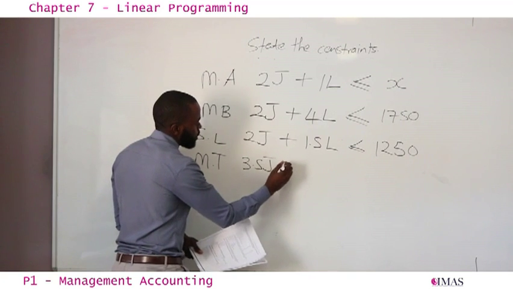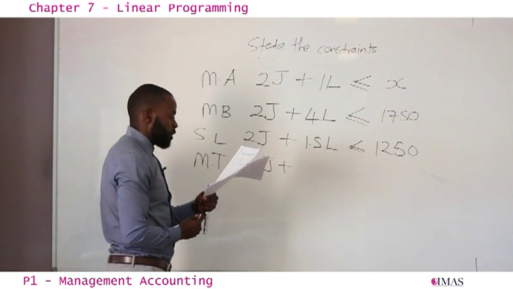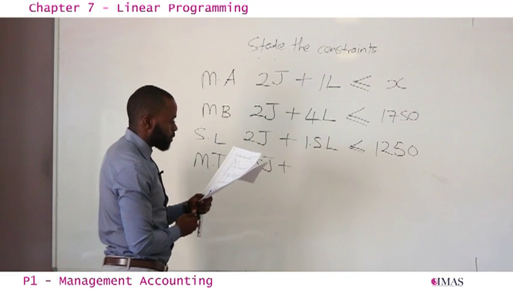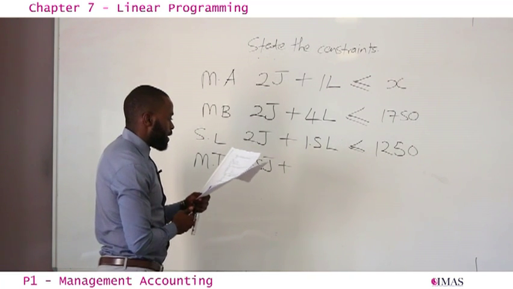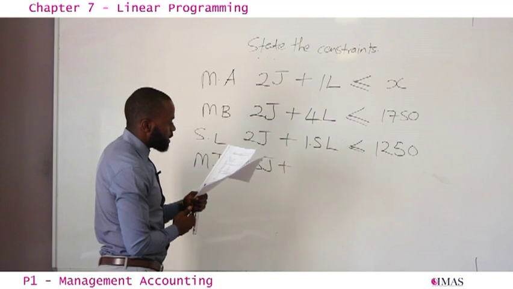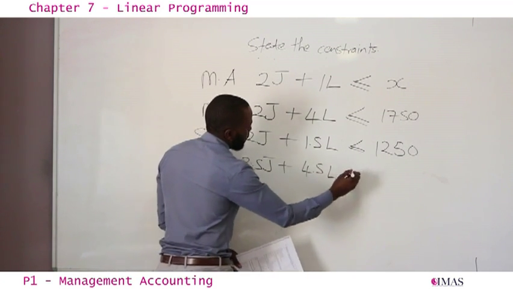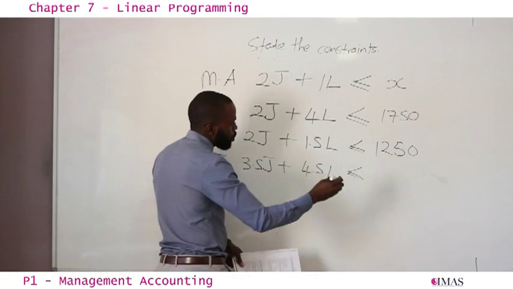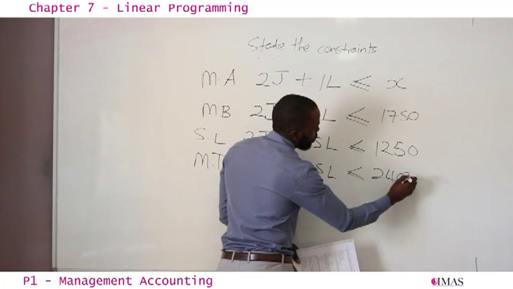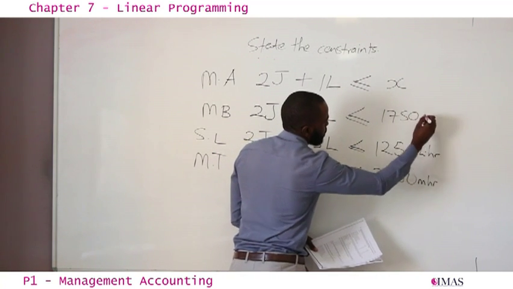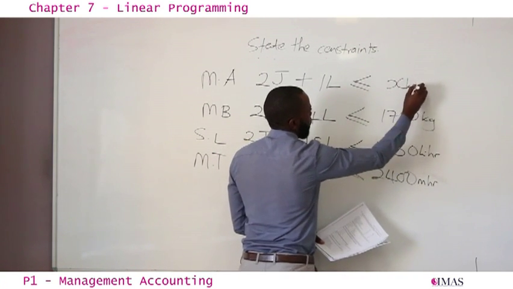So we need 3.5 machine hours of J. Then we go to L. For L, we have $18 that we're spending. Each hour we spend $4, so we say 18 divided by 4. This is 4.5L. These hours should not exceed 2,400. These are machine hours. These are labor hours. These are kgs.